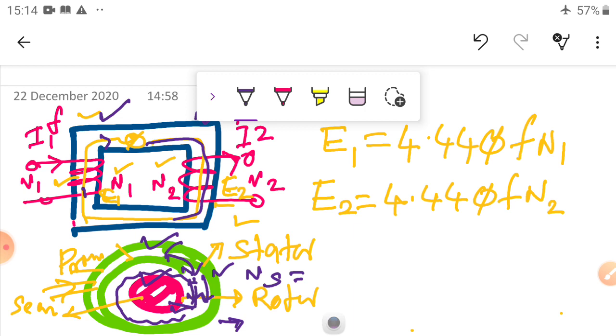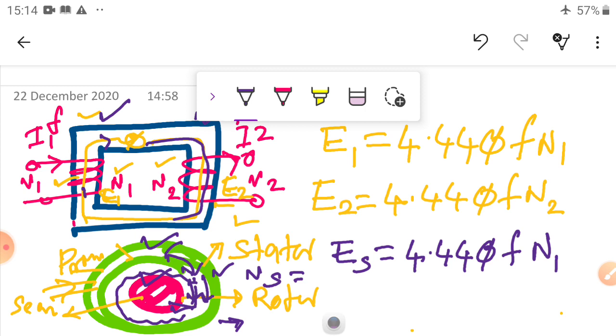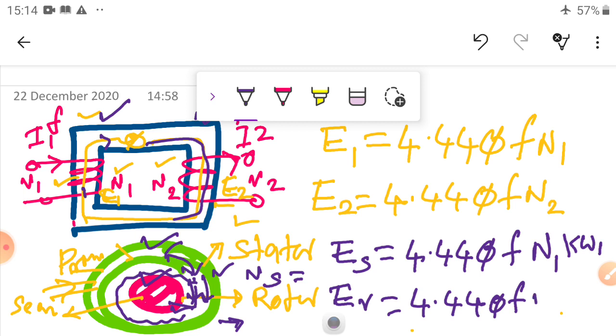Similar to the transformer, EMF is also induced. The stator induced EMF, as per self inductance, is equal to 4.44 times flux, frequency, N1, the number of conductors, and Kw1, the winding factor, which includes the distribution factor and pitch factor. The EMF induced in the rotor is equal to 4.44 times flux, F, N2 and Kw2.